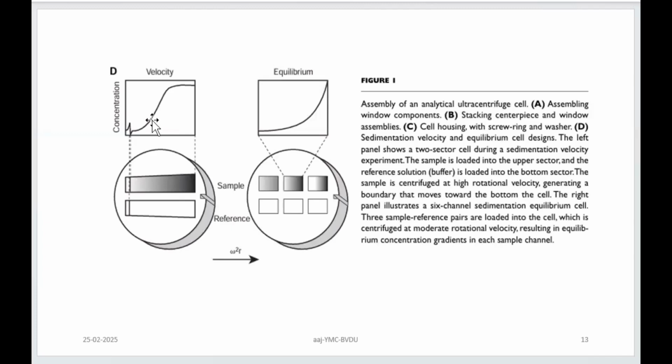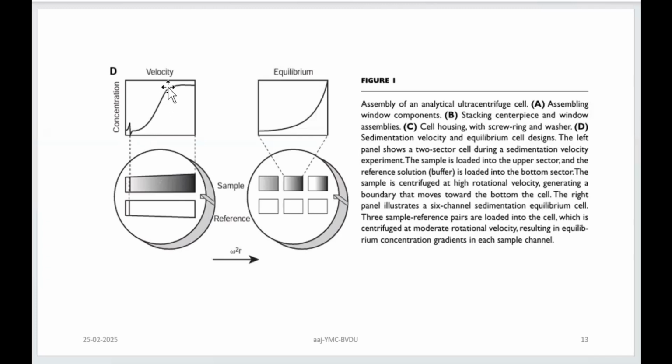As you have seen in the previous graph, there are peaks. The first peak is of the solvent, the second peak is that of the sample, and that sample peak will keep on moving as the sedimentation progresses. The concentration increase will tell you that yes, the molecule is getting separated from the sample, and the graphical representation will show that the concentration is increasing.